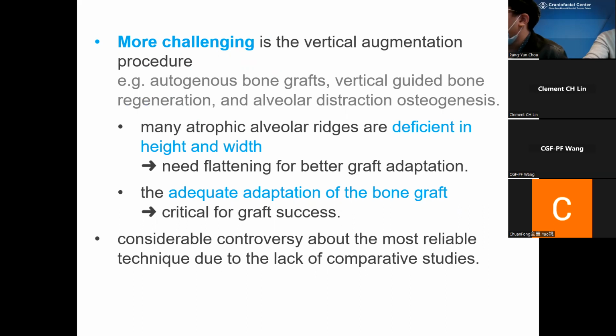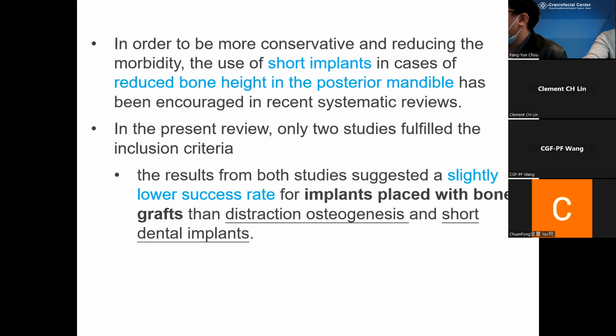In order to be more conservative and to reduce morbidity, the use of shorter implants in cases of reduced bone height in the posterior mandible has been encouraged. In the present review, only 2 of the studies fulfilled the inclusion criteria, and the results from both suggested a slightly lower success rate for the implants placed with bone grafts compared to distraction osteogenesis and shorter dental implants.